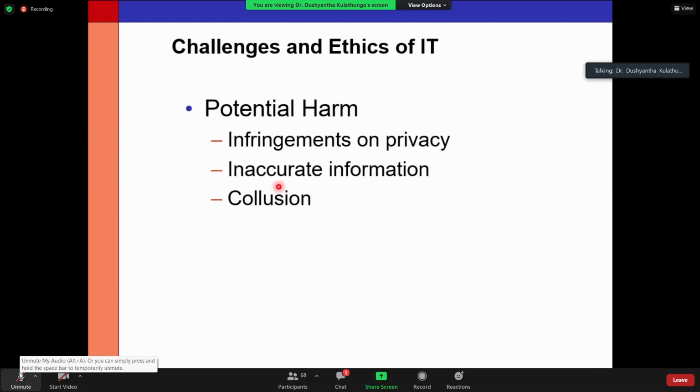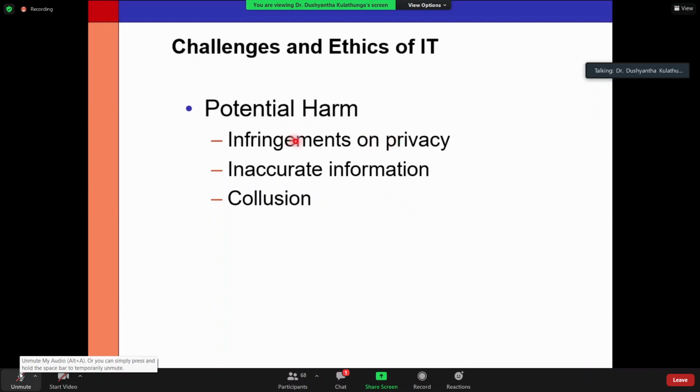So therefore, collusion is a situation where a specific employee or a set of employees get together and misuse the authority that they have got from the organization to perform some fraudulent transactions. These types of things happen, and privacy issues have happened.